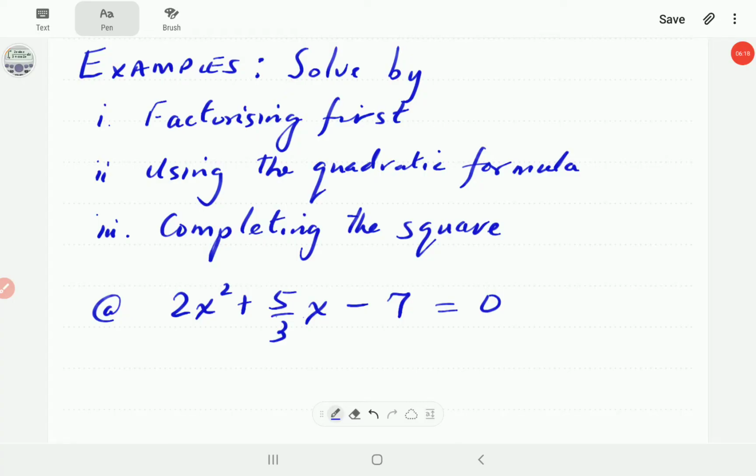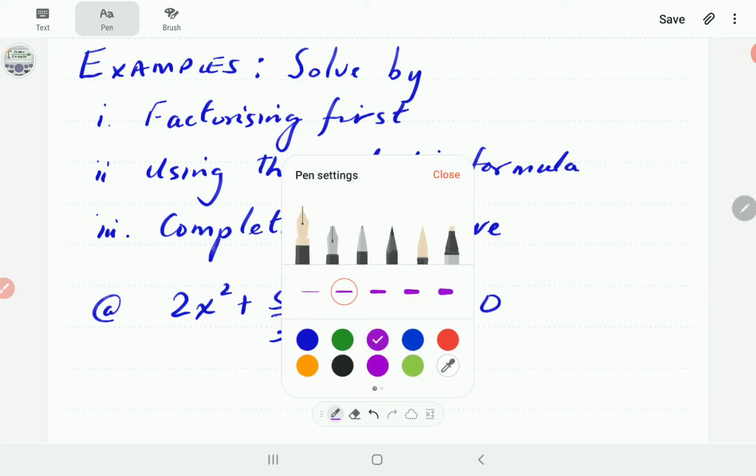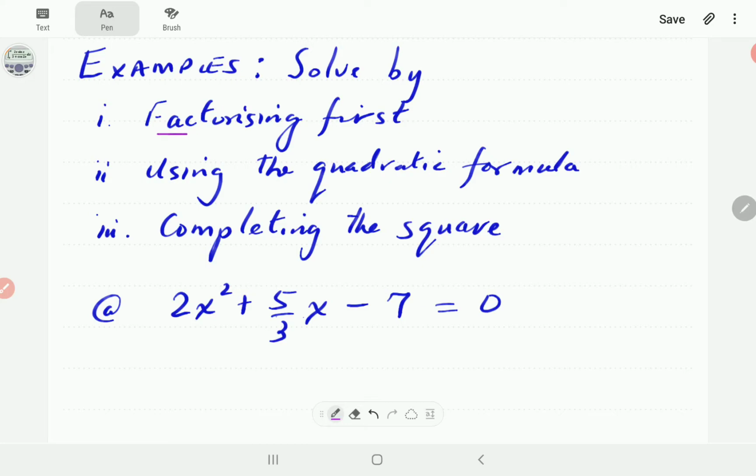In this set of examples, we are going to solve each equation, first by factorizing, where applicable, because we did mention that in some cases the factorizing method is not going to work. And then in part 2 we're going to use the quadratic formula.